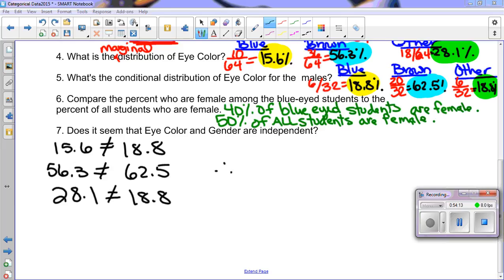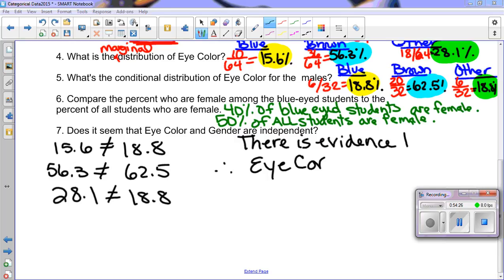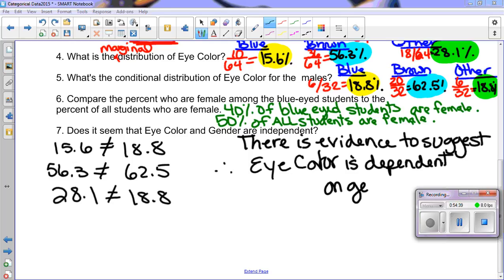Therefore, because they are not close enough, we're going to say something like this. There is evidence to suggest. This is the evidence. There is evidence to suggest that eye color is dependent on gender. Okay? Any questions about that?